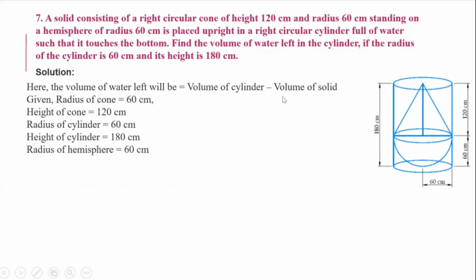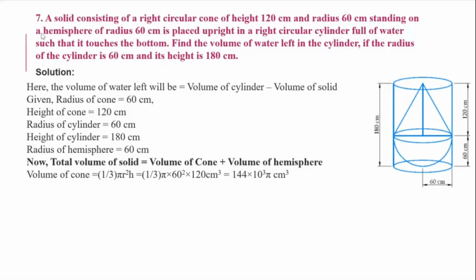So the volume of the solid is how much? It is equal to the volume of the hemisphere plus the volume of the cone. The volume of the cone is how much? It is equal to 1/3 pi r square h, which is 1/3 pi into 60 square into 120, which comes out to be 144 into 10 cube pi centimeter cube. What about the volume of the hemisphere? What is the formula? It is 2/3 pi r cube.